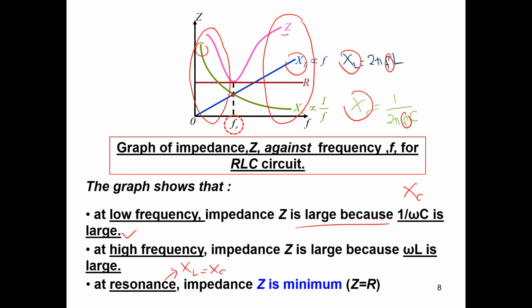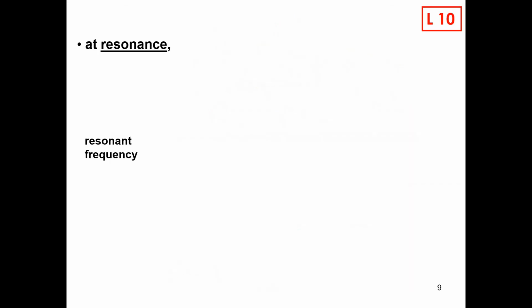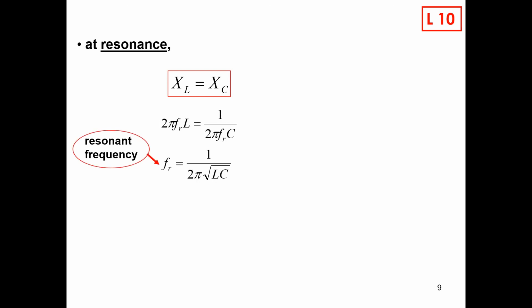At this point, resonance occurs. At resonance, XL is equal to XC, right? So the equation for XL is 2 pi FL and XC is 1 over 2 pi FC. FR is the resonant frequency.